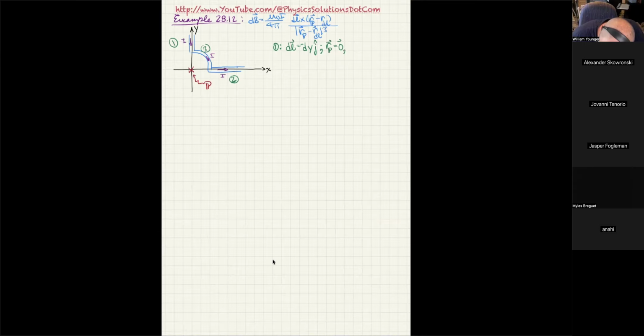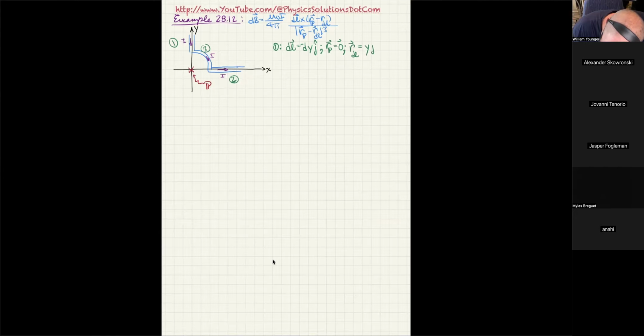Now the RDL is a little meta here, but that's supposed to be a vector that points from the origin up to the end of the DL vector. So in this case, I need a vector that points from the origin up the y-axis. So that tells me that its length is going to be y, and its direction is going to be positive j hat.